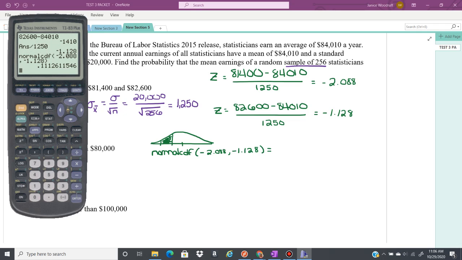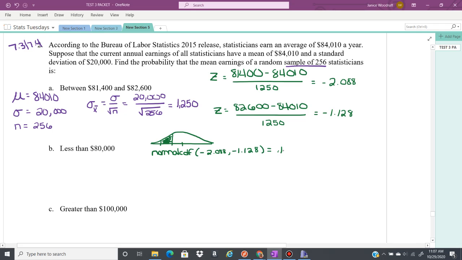There I've got 0.1113. Okay, so that is our answer. 0.1113 is this area right here, which is the probability that in the sample of 256 statisticians, their earnings are between 81,400 and 82,600.